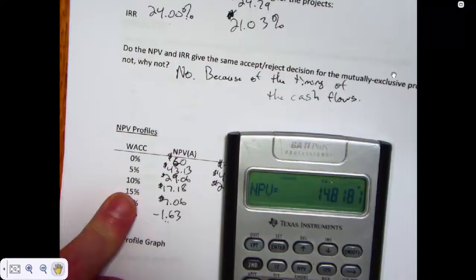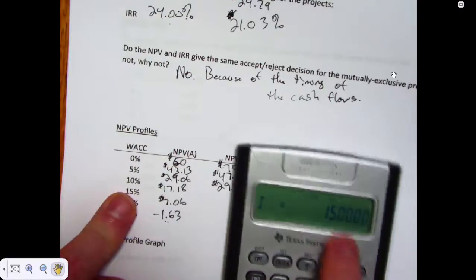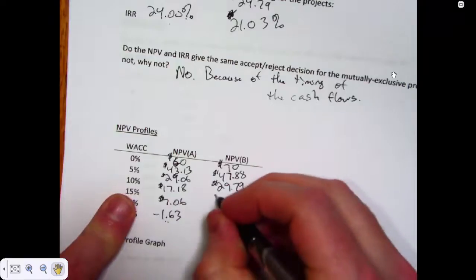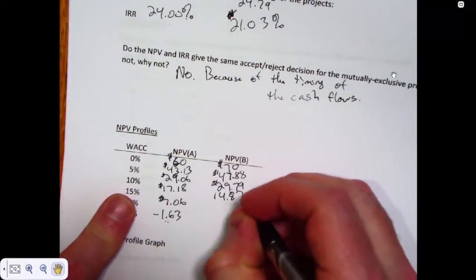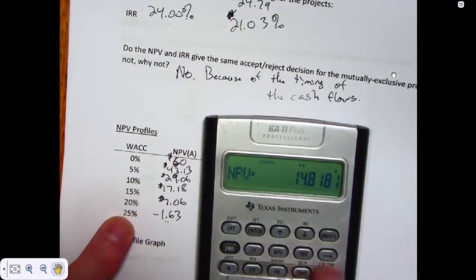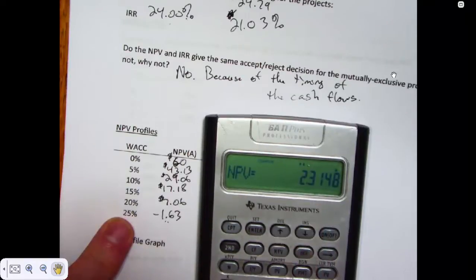So if I put in an interest rate of 15%, I get an NPV of $14.82. If I put an interest rate in of 20%, I get a value of $2.31.